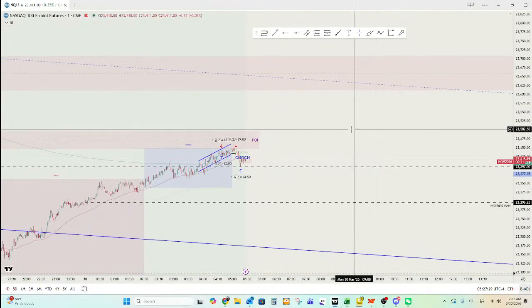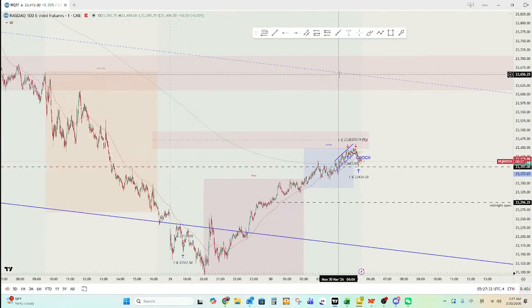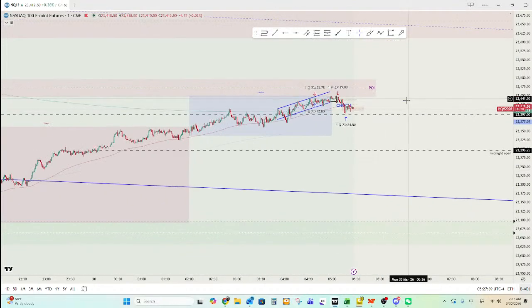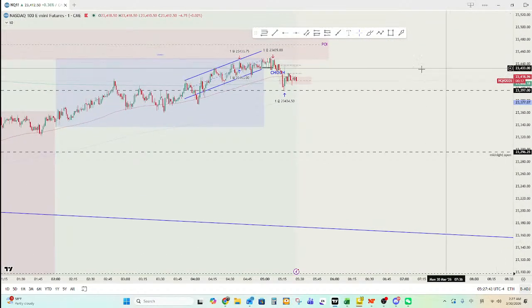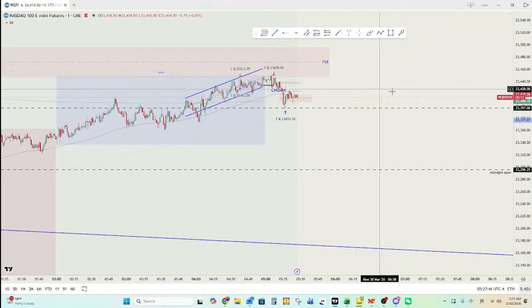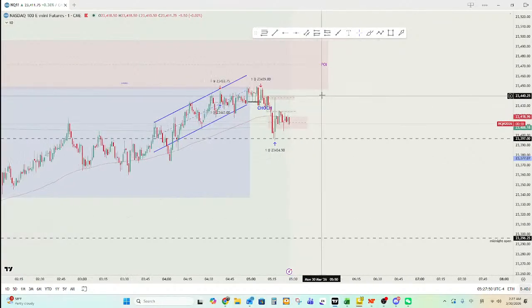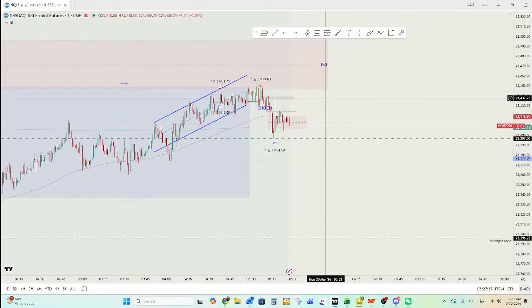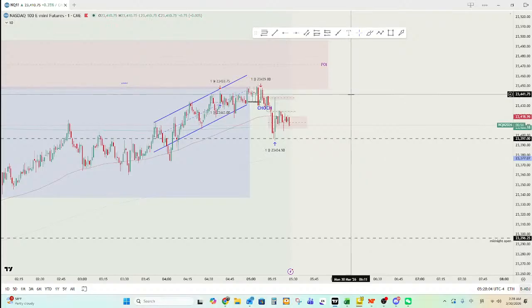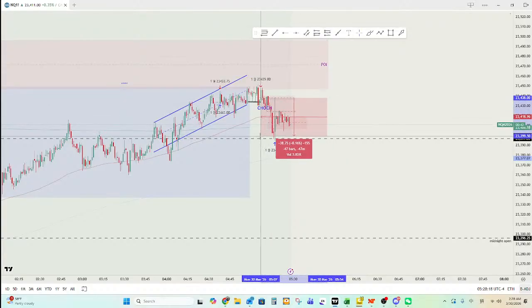Say this is my very confident trading area, because this is how many points? 40 points.